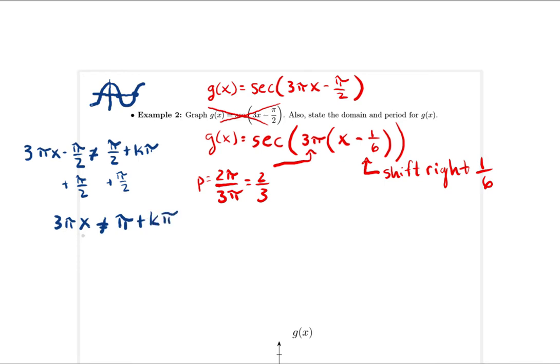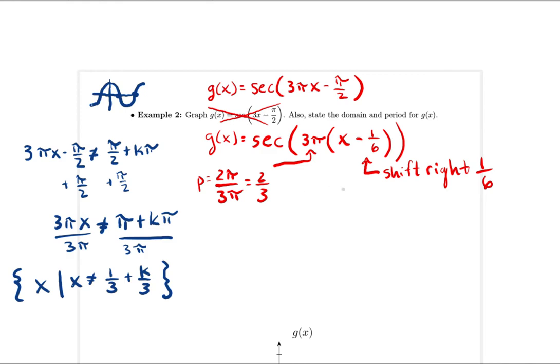And then, of course, we can divide both sides by 3 pi. So we get x does not equal, okay, well, pi over 3 pi is 1/3 plus k over 3. So that's the domain for this transformed function that we're working with.